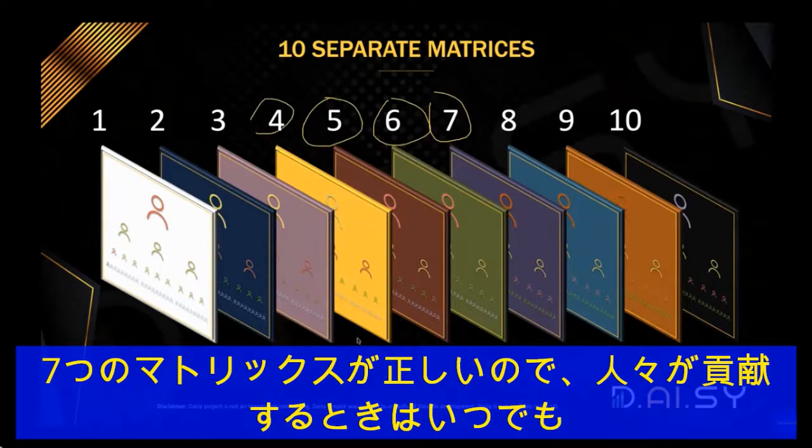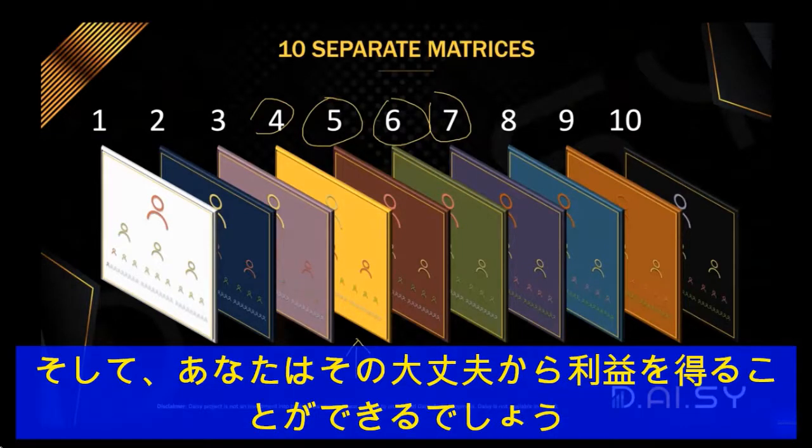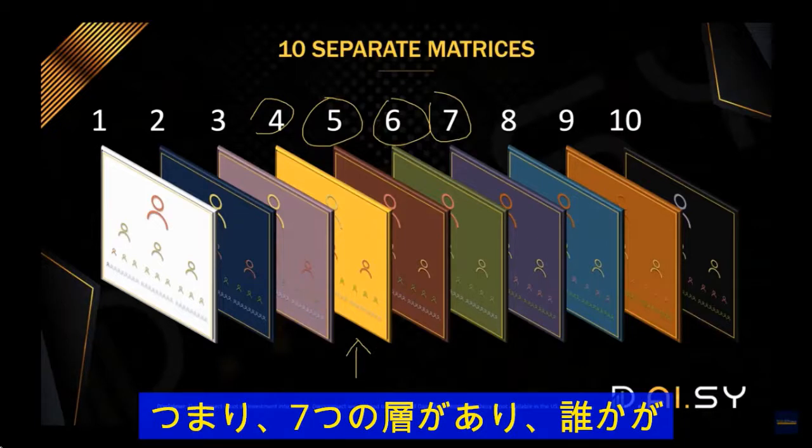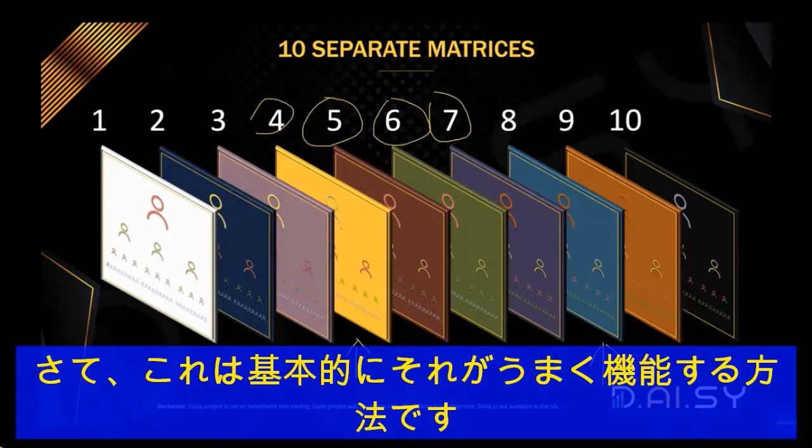So whenever people contribute to tier 4, for example, they will be placed in this matrix here, and you will be able to benefit from that, okay? So if you have 7 tiers and someone is coming in at tier 8, you will not benefit from that, okay? This is basically how it works. All right.